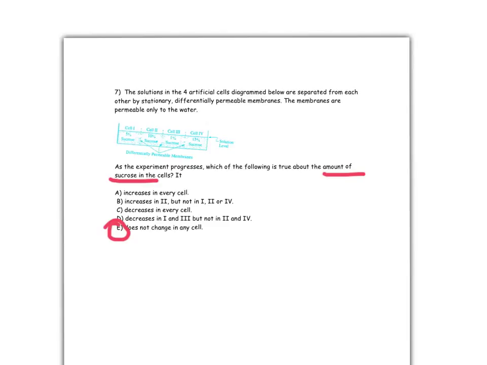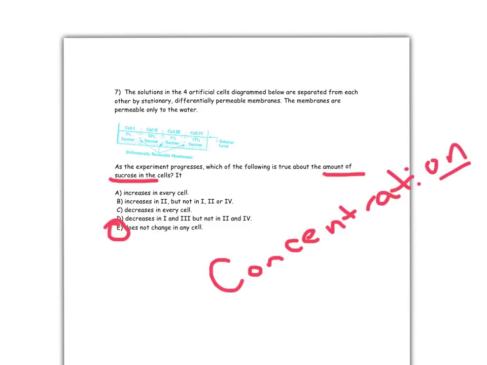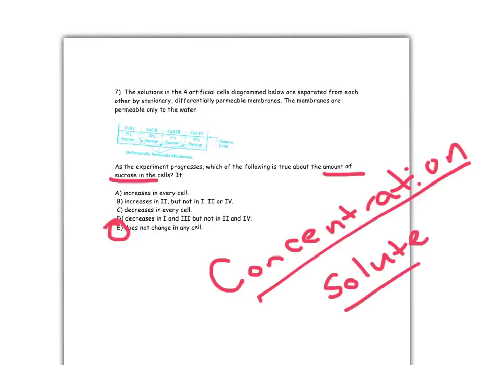So what does change if the amount of sucrose doesn't? It's the concentration that changes. That's key, that the concentration changes. The amount of solute doesn't change, but the amount of solvent does.